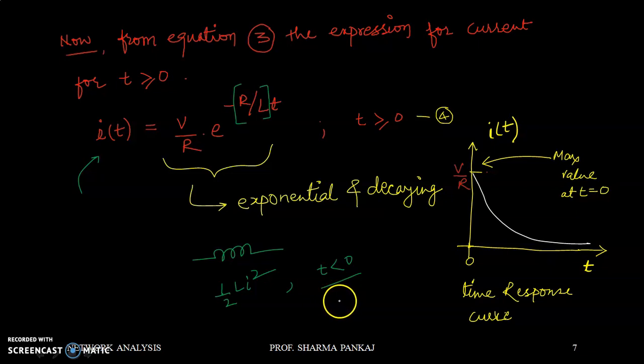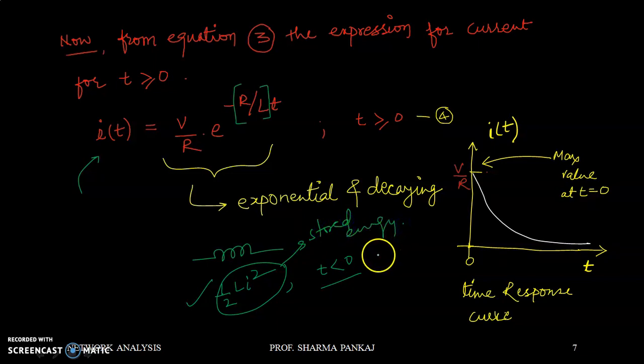When we remove the source, the inductor acts like a current source and supplies current to the circuit in the same direction as before. As the stored energy in the inductor is limited, not available for all time, it cannot flow current for infinite time, and current must decay exponentially with time. This half L i square is the stored energy.